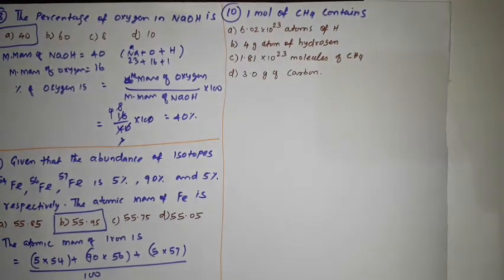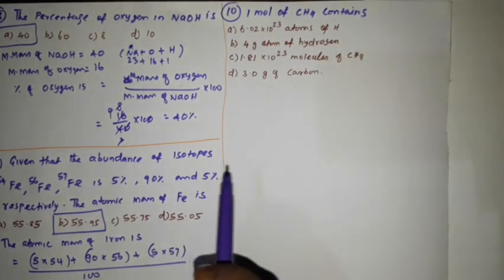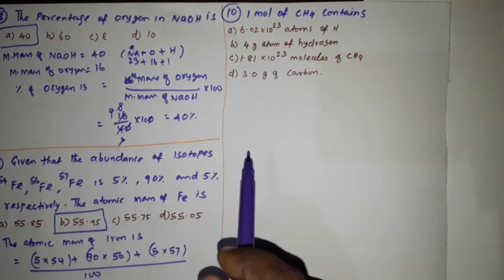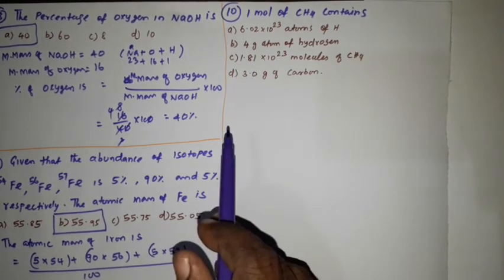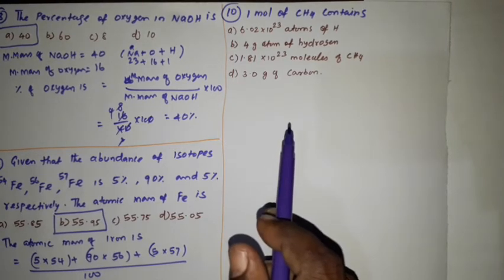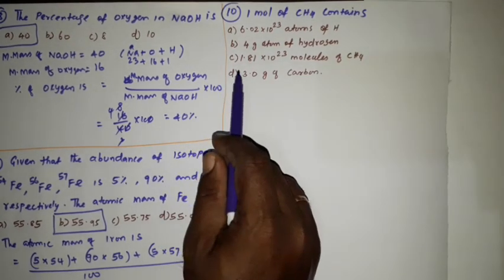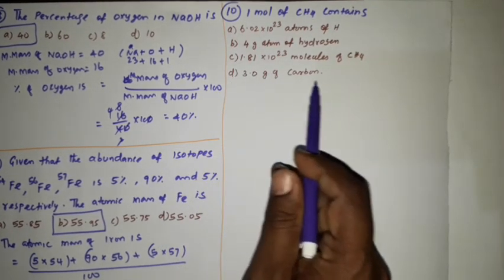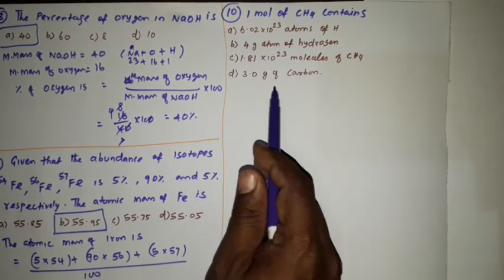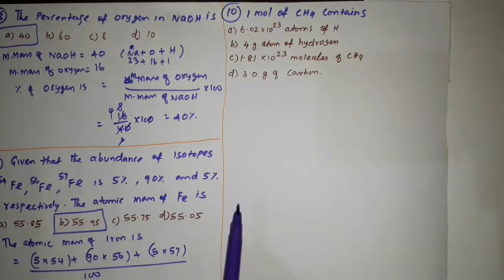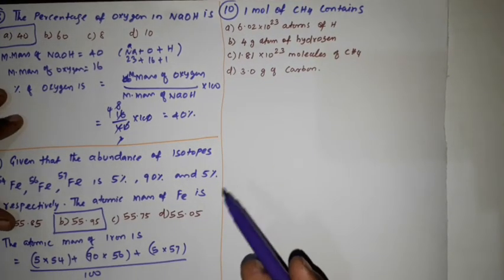Question number 10. 1 mole of CH4 contains option A 6.02 into 10 power 23 atoms of hydrogen, option B 4 gram atoms of hydrogen, option C 1.81 into 10 power 23 molecules of CH4, option D 3.0 gram of carbon. See, 1 mole of CH4.